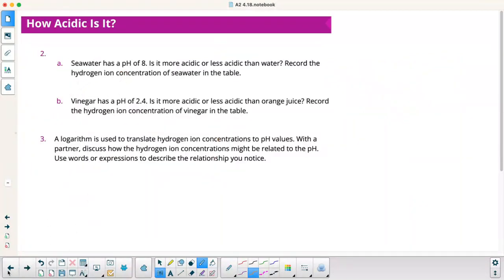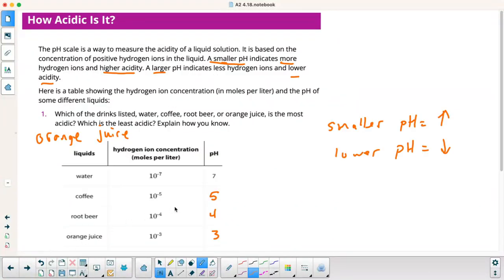Okay. Seawater has a pH of 8. Is it more acidic or less acidic than water? Let me take this over to the next page.